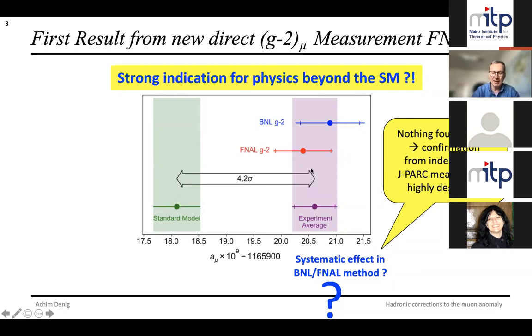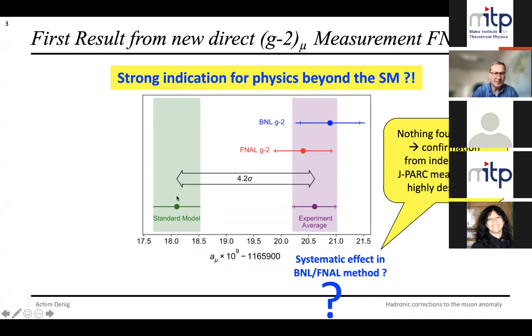And nobody has found any issue with the methods which are used in this standard model prediction. Nevertheless, there is an upcoming new experiment in Japan at J-PARC, which will use a completely different methodology than all the experiments which have done this measurement before. And this is going to be extremely important.